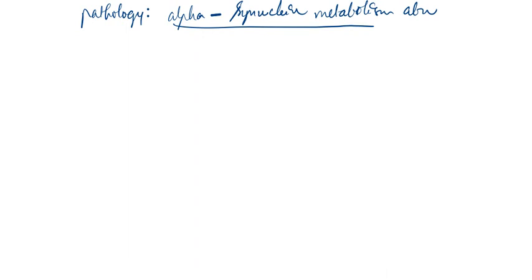Like all the other synucleinopathies which you already studied, MSA results from abnormalities in alpha-synuclein metabolism. So this leads to intracellular deposition.